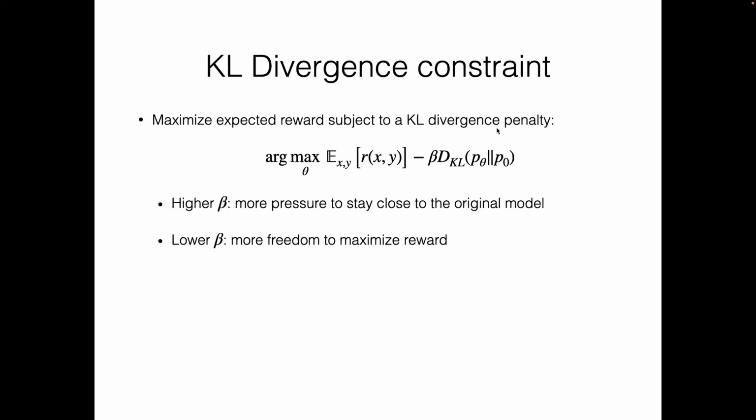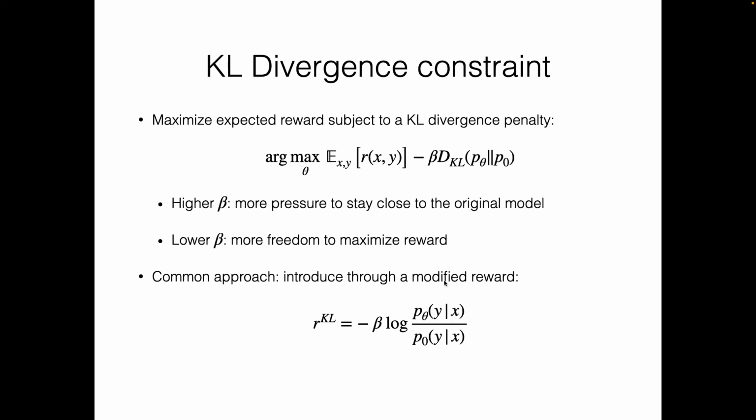This is usually formulated in terms of this KL divergence. And so you'll have some way of penalizing the model if it gets too far from the original model. A simple way to do this is through the reward function. And it turns out that if you have a reward of this form, where you see this ratio here, then this corresponds in expectation to being equivalent to having this KL divergence penalty.